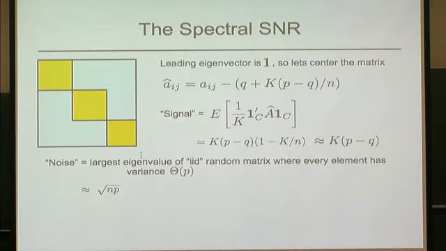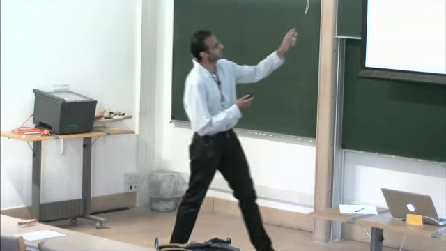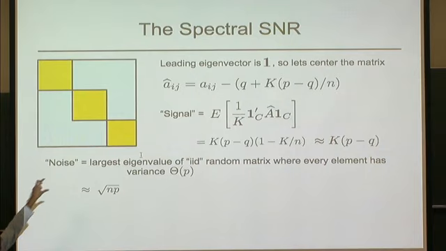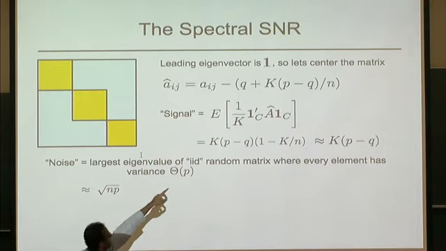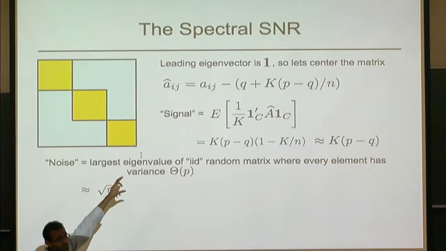Okay, so what is the signal now? The signal is the eigenvector that corresponds to one of these partitions. It's given by this quantity, where 1c is an all ones vector which has support only on one of the clusters. Ideally, if there was no noise, that would actually be an eigenvector.